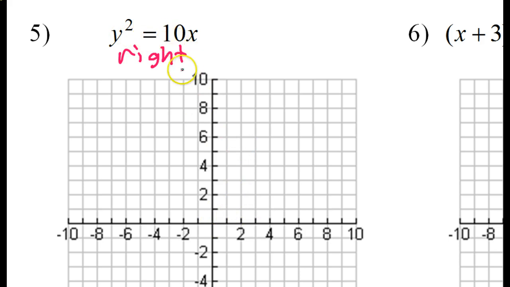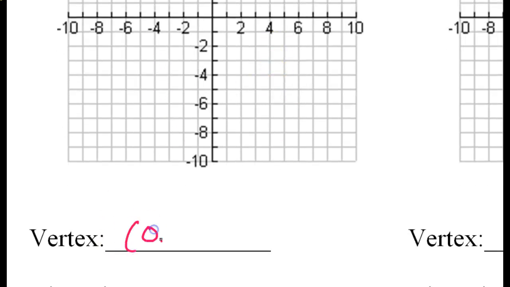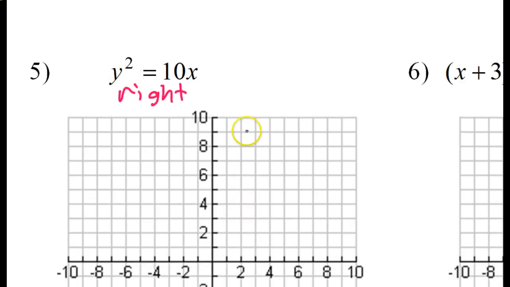See how there's nothing being added or subtracted? That means this must be like x plus 0. And same with the y. This must be like y plus 0 squared. Okay? So if you just see a y squared or an x, those are zeros in terms of the vertex. So this one is at the origin. It's just 0, 0. Okay? So fine, there's our vertex at 0, 0.